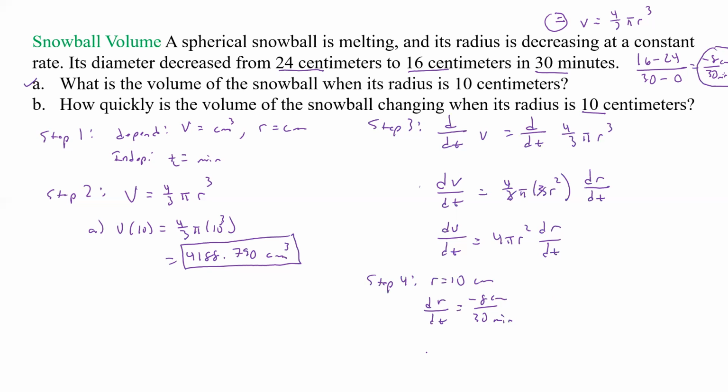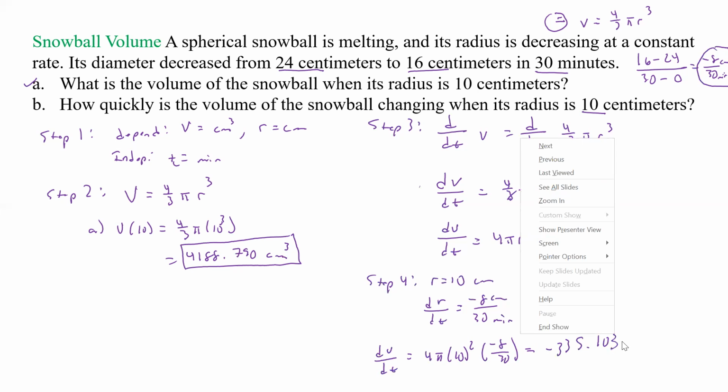Plugging that all in, we get dV/dt equals 4 pi times 10 squared times negative 8 over 30. Again, I'm just going to leave it as it is without reducing anything. And so when I do that, I have 4 times pi times 10 squared times negative 8 divided by 30, and I get a negative 335.1032.